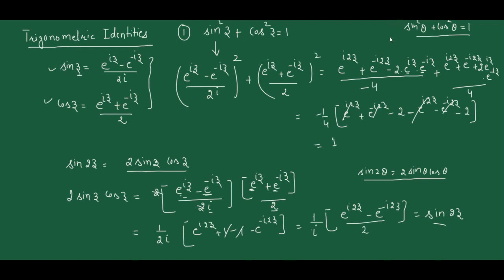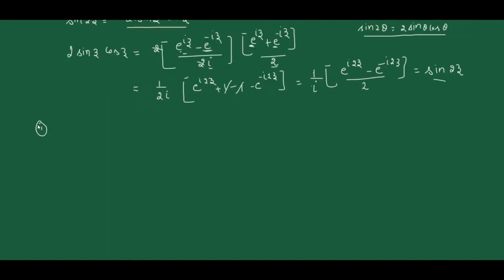Let me mention without proof some trigonometric identities. You can show that sine of z1 plus z2 is sin z1 cos z2 plus cos z1 sin z2, and similarly for the negative one you can prove this, but you have to put the value of sine and cos as we did in the first part.